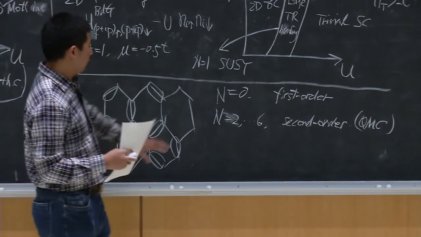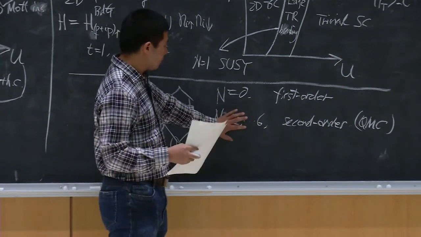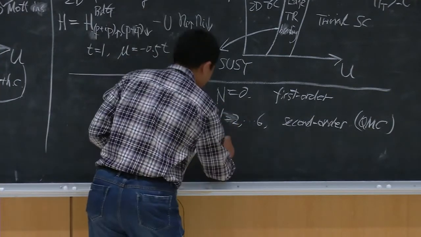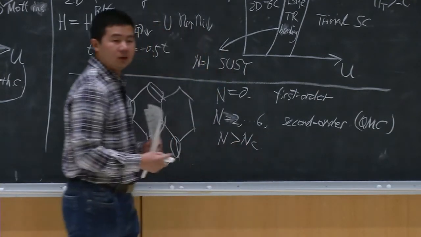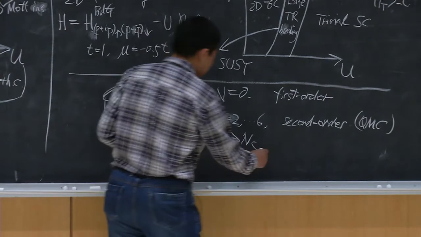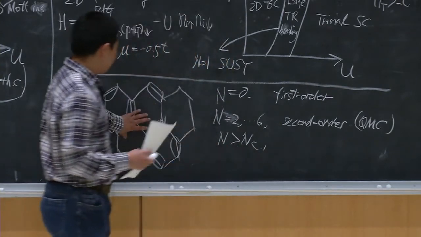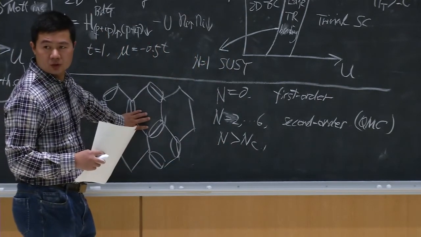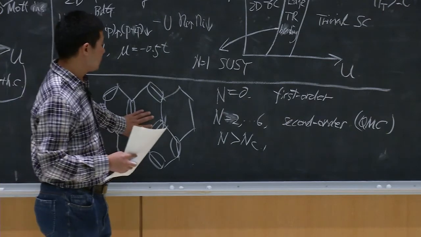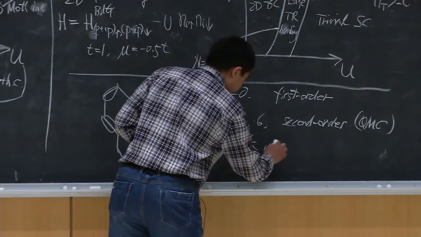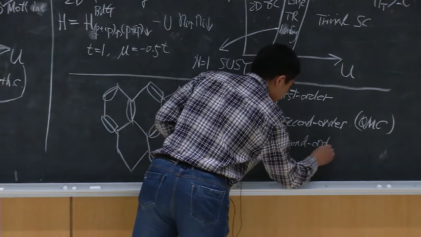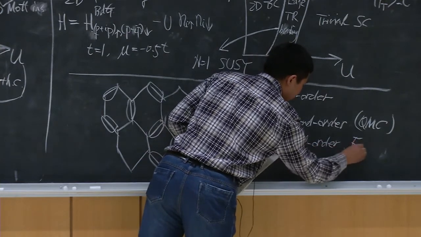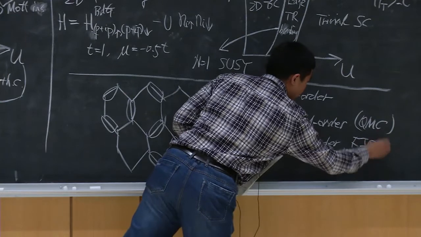And then we do renormalization group analysis showing that when n is bigger than some critical value, this quantum phase transition is driven to be a second order phase transition. So it's called fermion-induced quantum critical point.